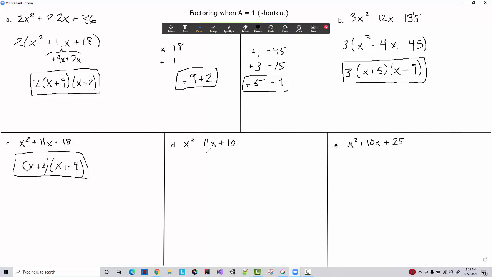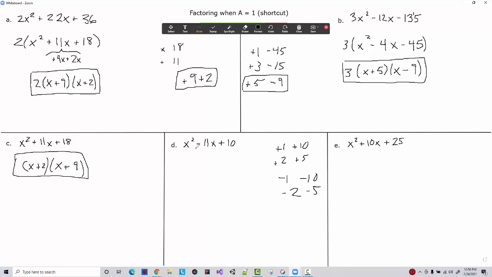So again, as we get more and more comfortable with this, it's really just a matter of figuring out whether your factors are positive or negative. Like for the example here, I've got factors of 10, so 1, 10, 2, and 5. They have to multiply together to give me a positive, so it could be plus, plus, or it could also be negative 1, negative 10, and negative 2, negative 5.